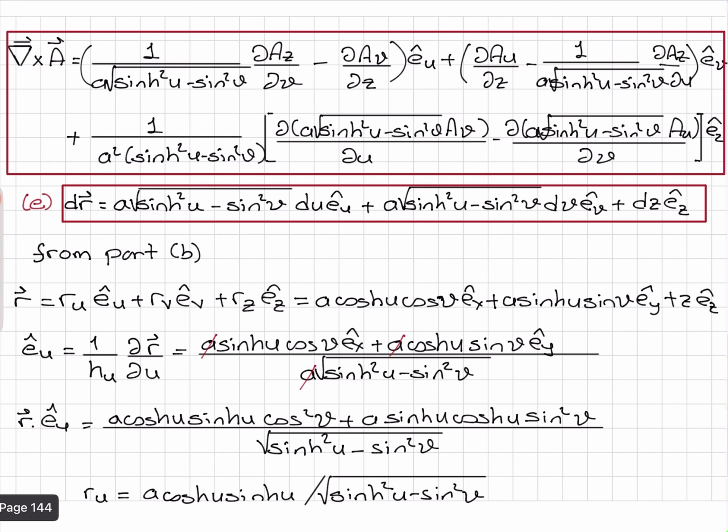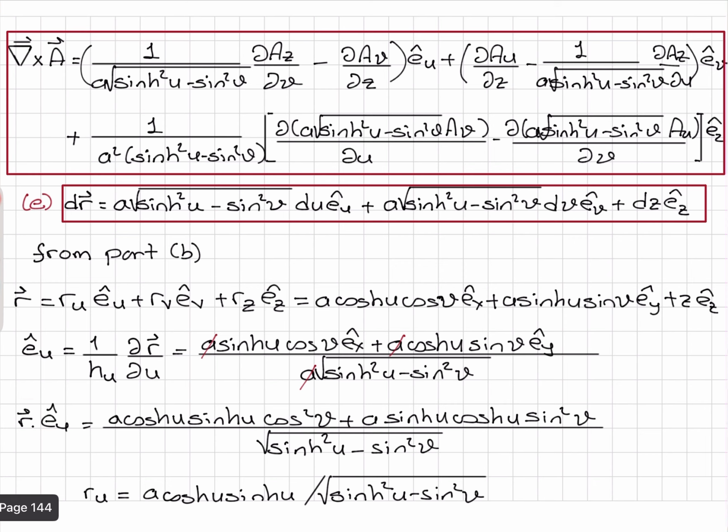To find eu hat, ev hat, and ez hat, I have to take the derivative of the position vector with respect to u, v, and z, and then normalize it, basically divide by its magnitude, which is the scale factor. So this is going to give me 1 over hu del r del u. I have taken the derivatives here. Cosine hyperbolic becomes sine hyperbolic, sine hyperbolic becomes cosine hyperbolic, divided by the scale factor. And this gave me the unit vector eu hat.